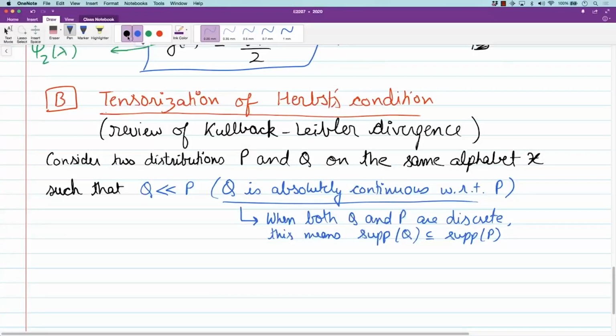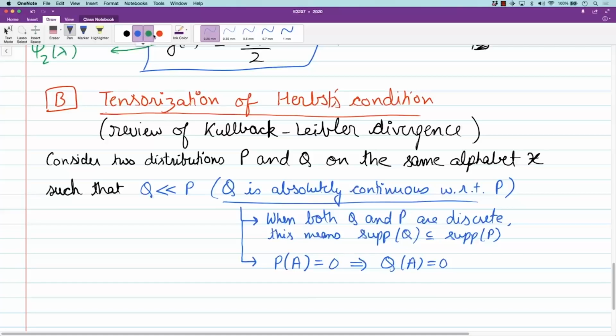This is for the discrete case. In general, it means if P assigns probability 0 to a set, then Q also assigns probability 0 to that set. This is the general definition.